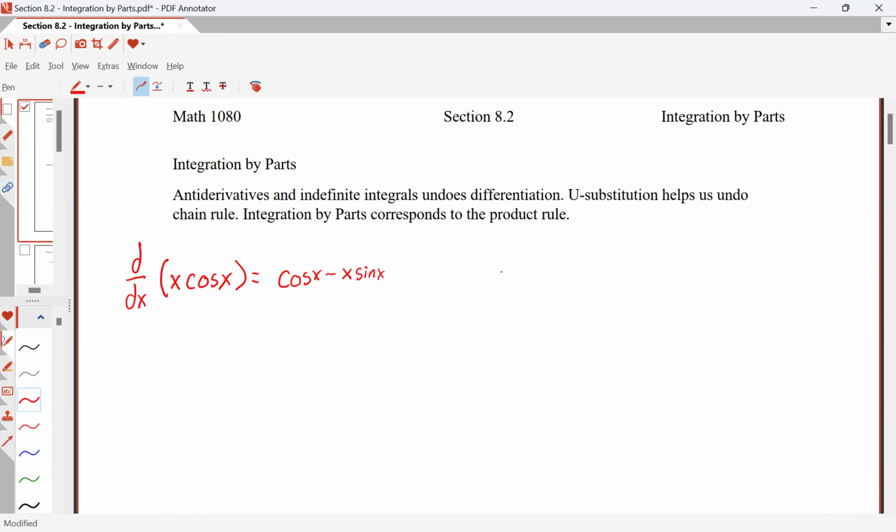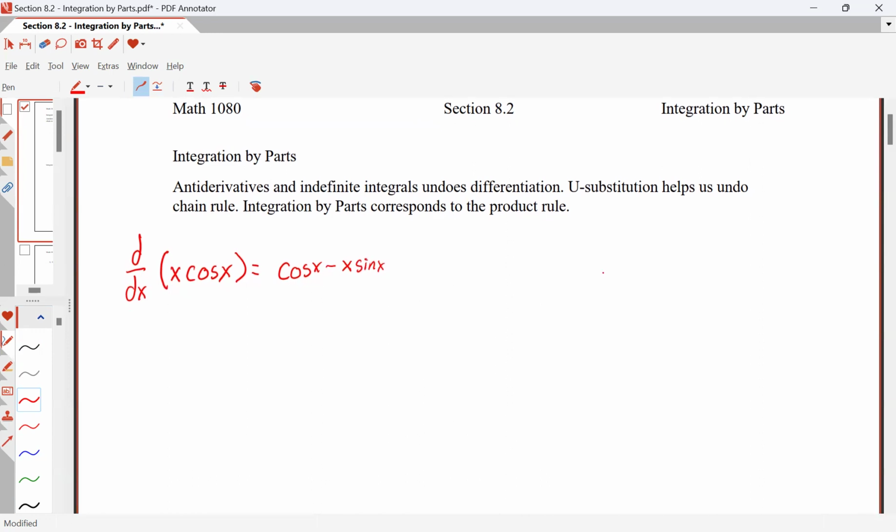Now, we're trying to think about an integration technique. So we're going to integrate everything here and take the integral of the derivative of x cosine x. We're going to take the integral of cosine, and we're going to subtract the integral of x sine x.